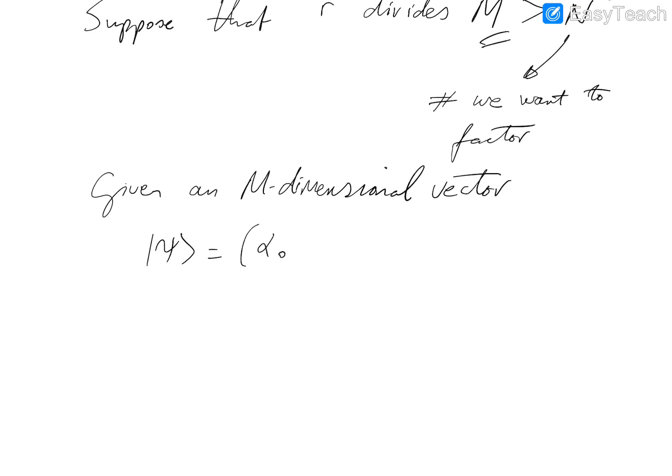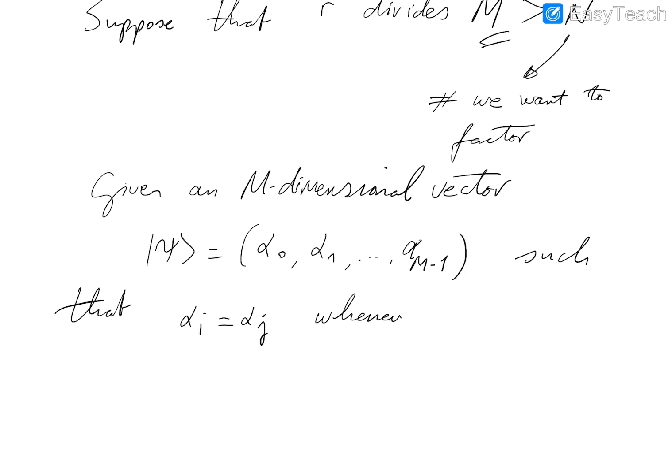Suppose that the amplitudes are alpha 0, alpha 1, up to alpha m minus 1, such that alpha i is equal to alpha j whenever i is equivalent to j mod r.